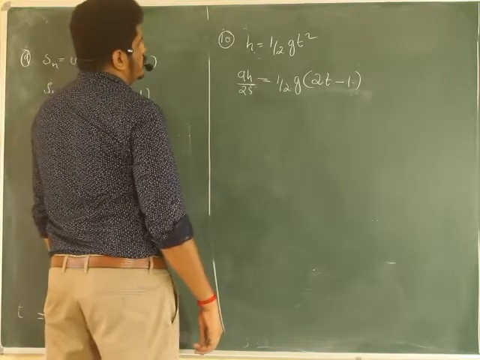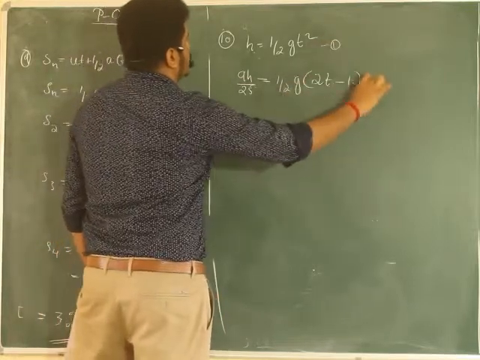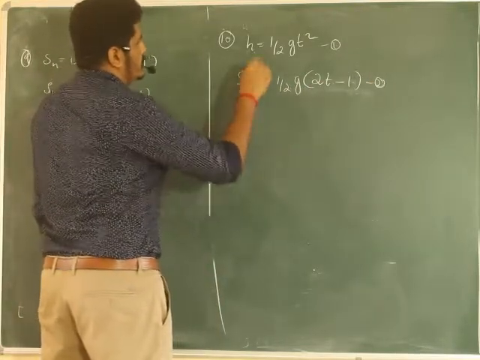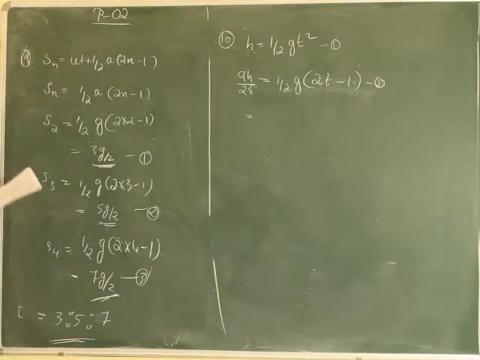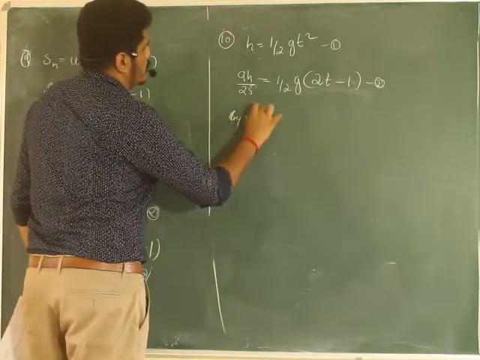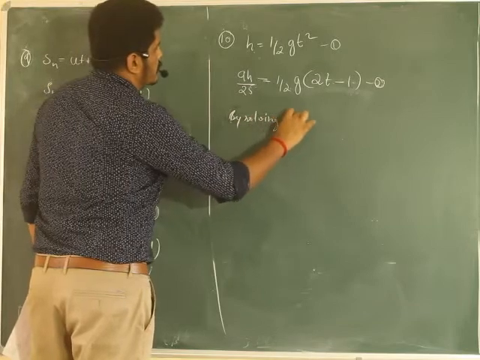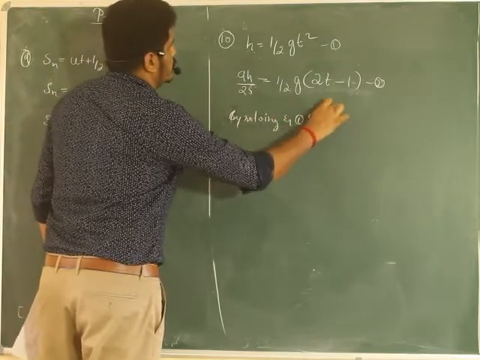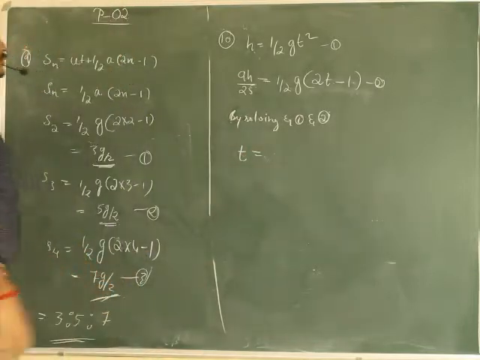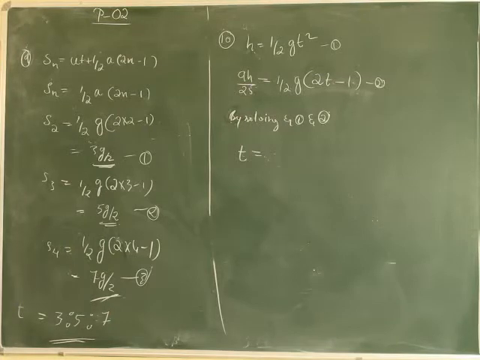Now what can we do from these two equations? You can compare them by taking equation number 1 and equation number 2. By equating these two, many things get cancelled, you can check there. By solving equation 1 and equation 2, you are supposed to get time t, so do the calculation part.